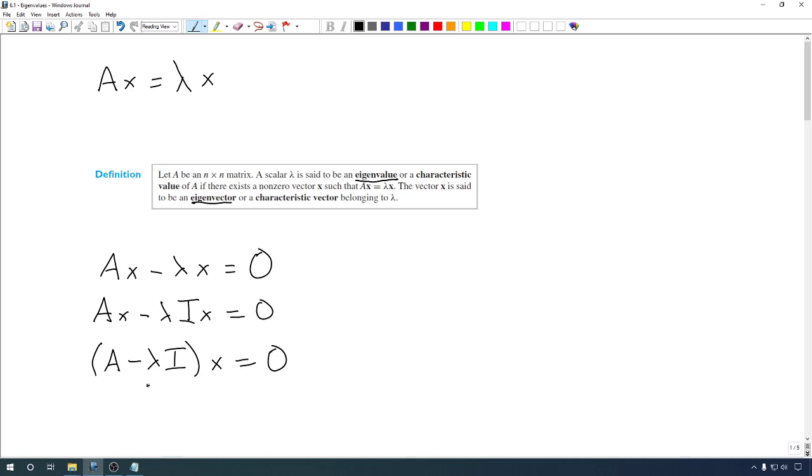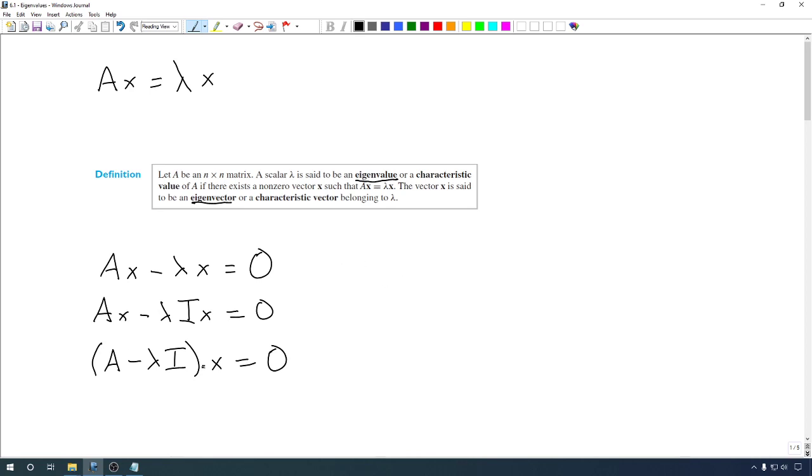So lambda is an eigenvalue of A if and only if there is a non-zero solution, a non-zero vector, that makes this true. Now, how do we know if that's going to happen? Well, this has a few different characterizations.